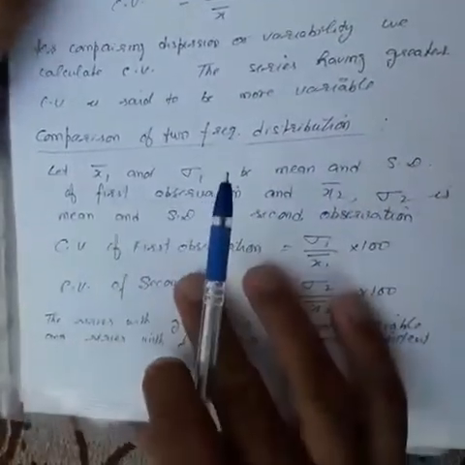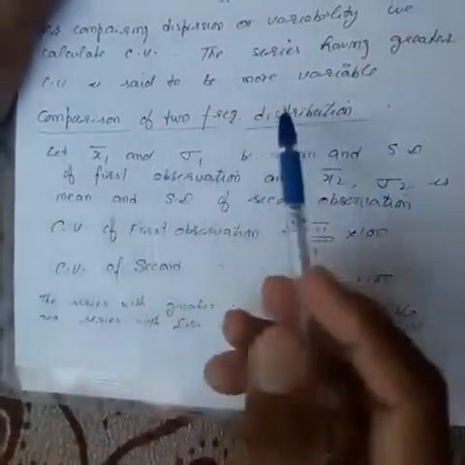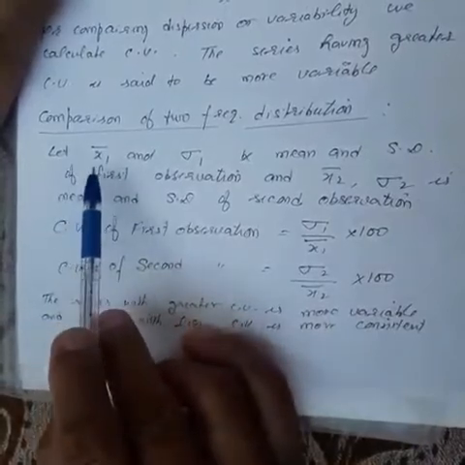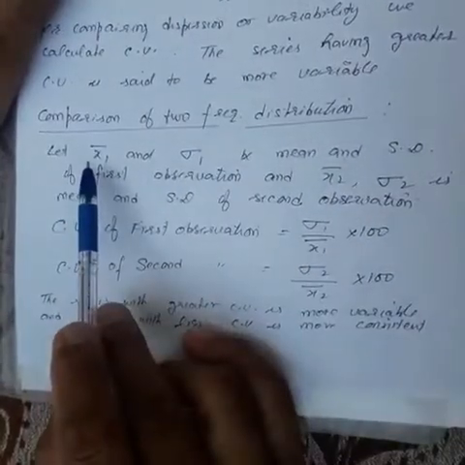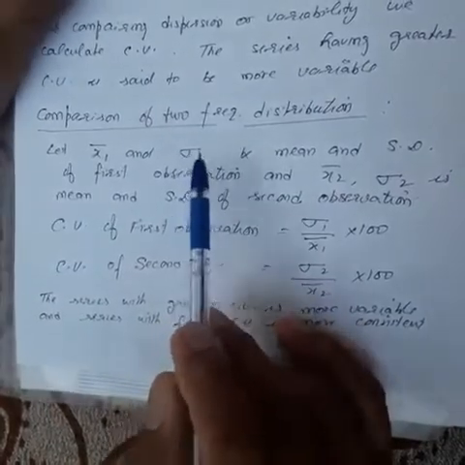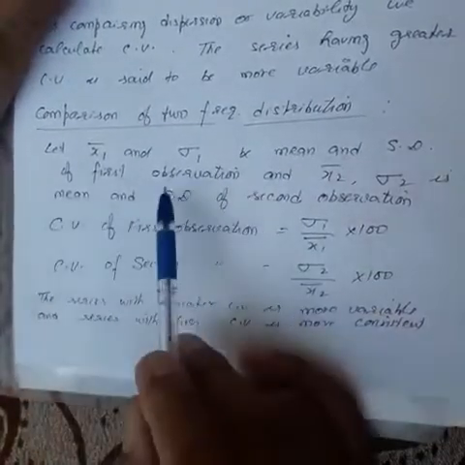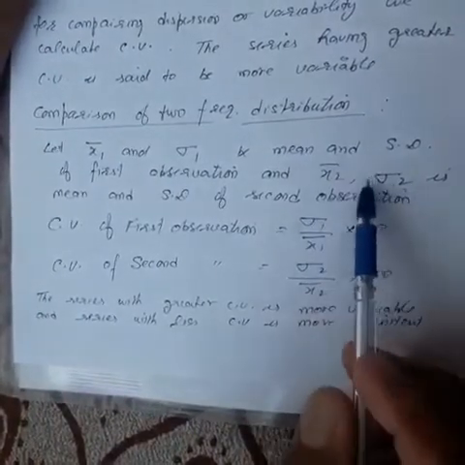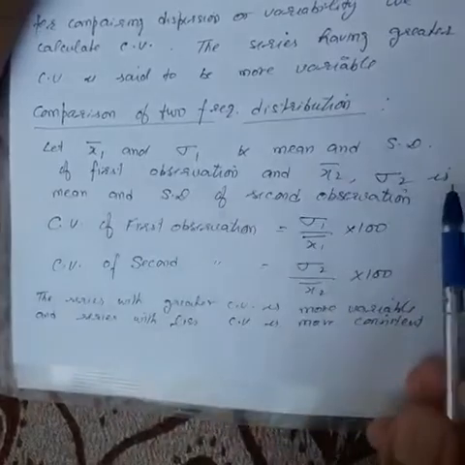How will we compare? There are two frequency distributions. For the first observation, let x1 bar be the mean and sigma 1 be the standard deviation. For the second observation, let x2 bar be the mean and sigma 2 be the standard deviation.